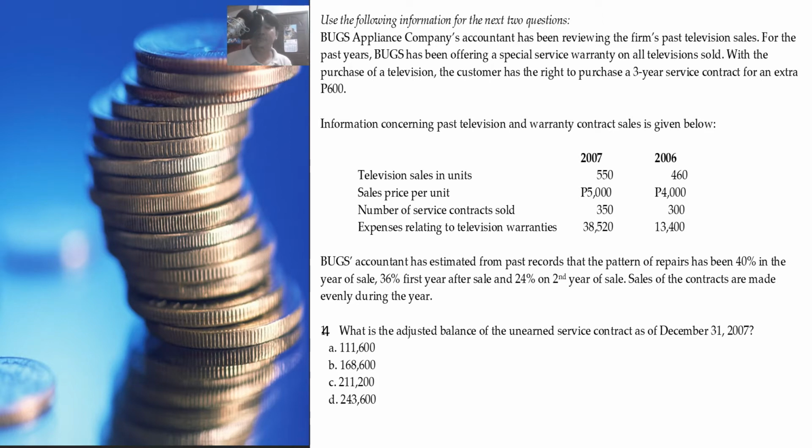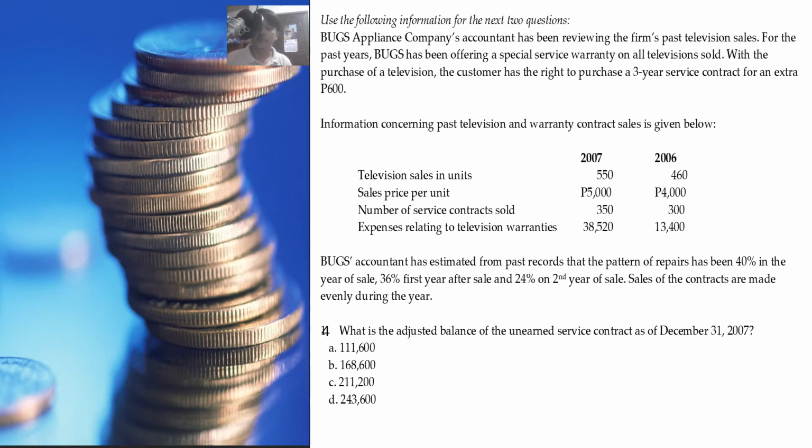Number of service contracts sold: this is the 600 one. They sold 350 service contracts for 2007 and only 300 last year, so 2006. Let's go over the important details.